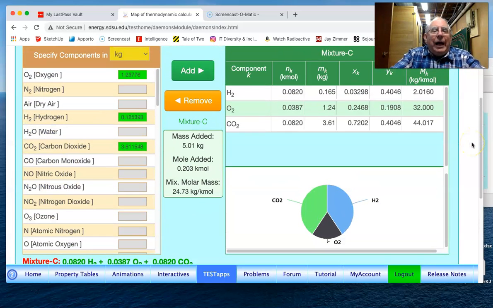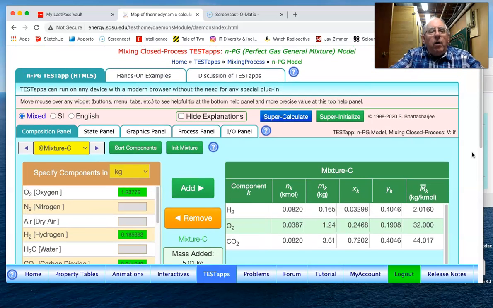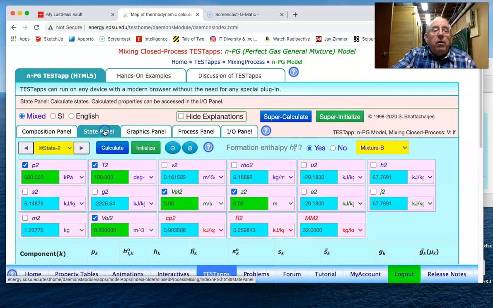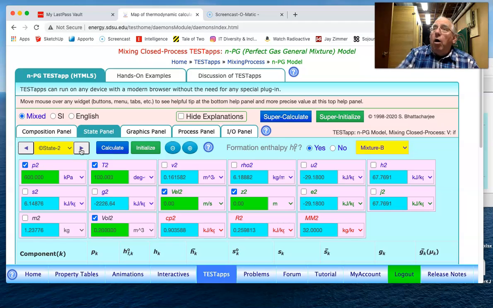And so a lot of information here. We've combined it all together, and now all that we have to do to finish out this problem is to tell the software what are the conditions associated with the mixture C.